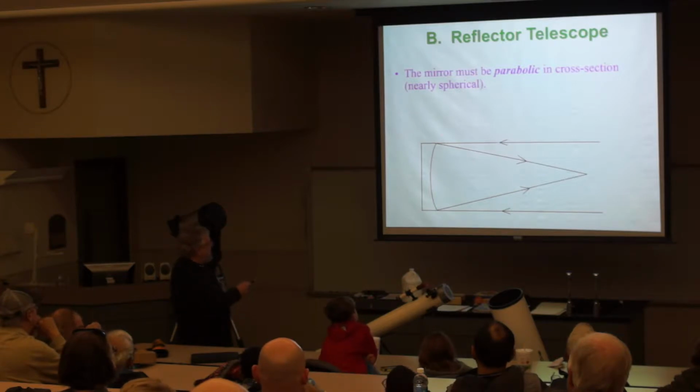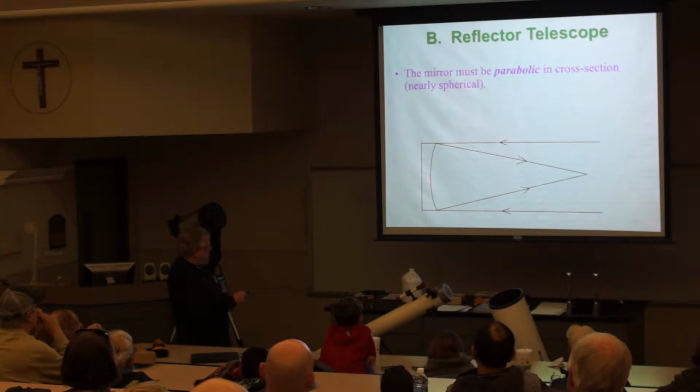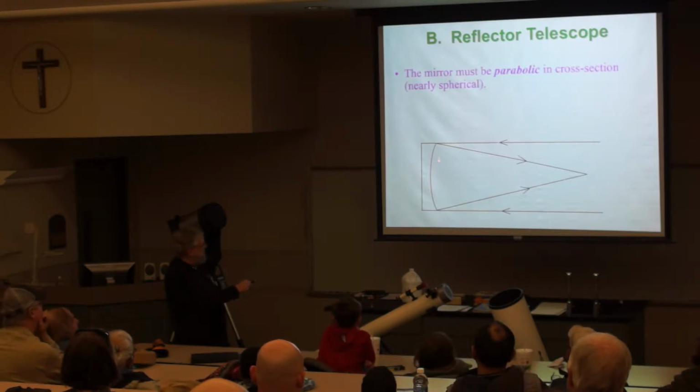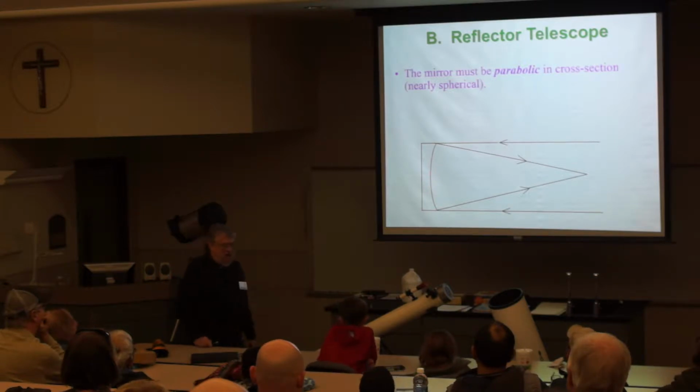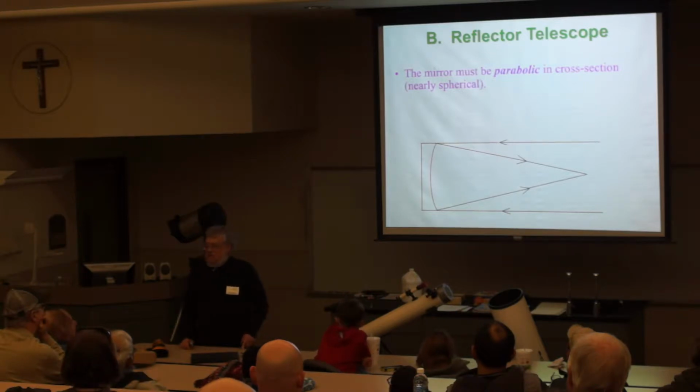The mirror, we just draw it curved, but the cross section of it is actually a parabola. It straightens out as you go farther, and gets more curved near the center and then straightens out more near the edges. You start out making a mirror like this by grinding it to where it's spherical.